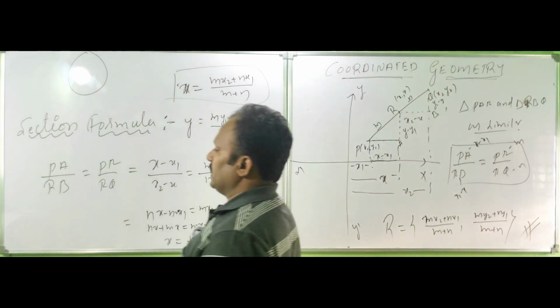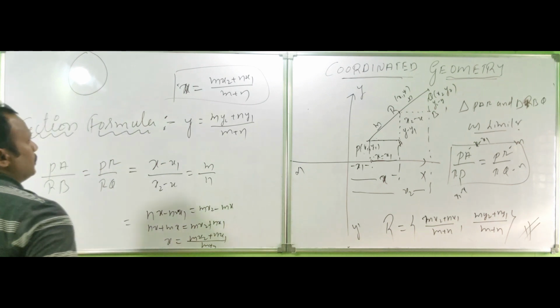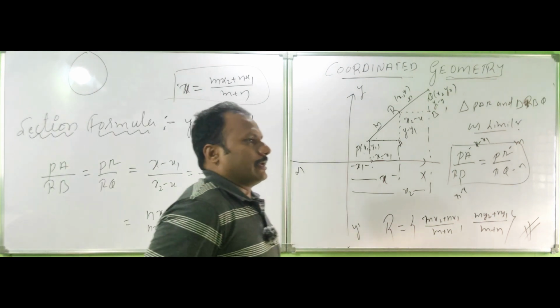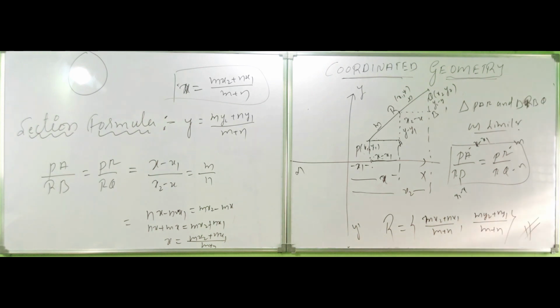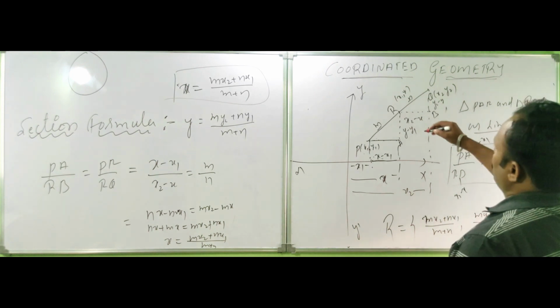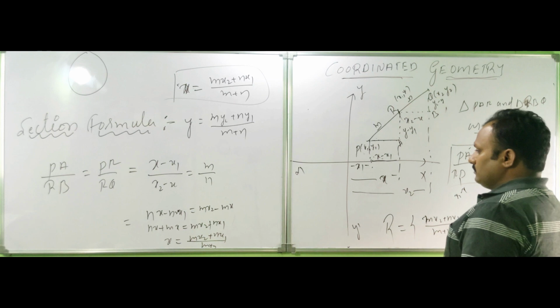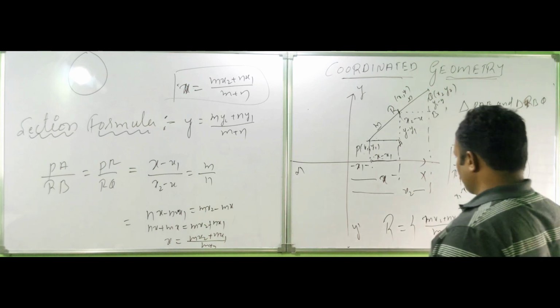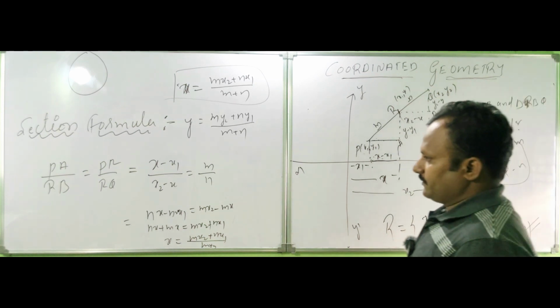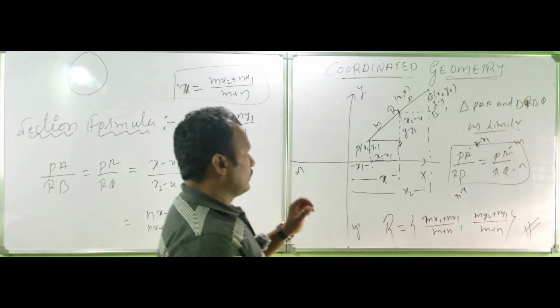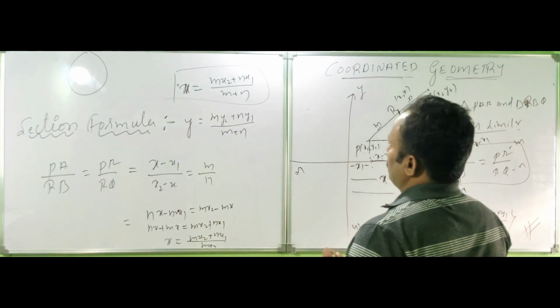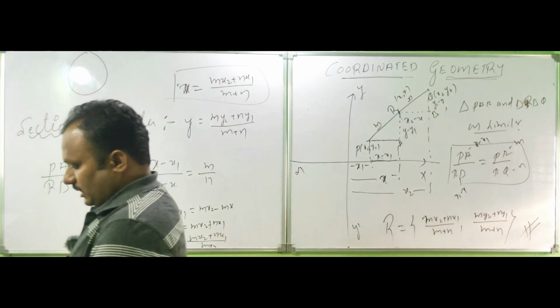Internally making the ratio m and n. The line is divided in the ratio m to n at R. Next, for the external; this is internally, then for the external.